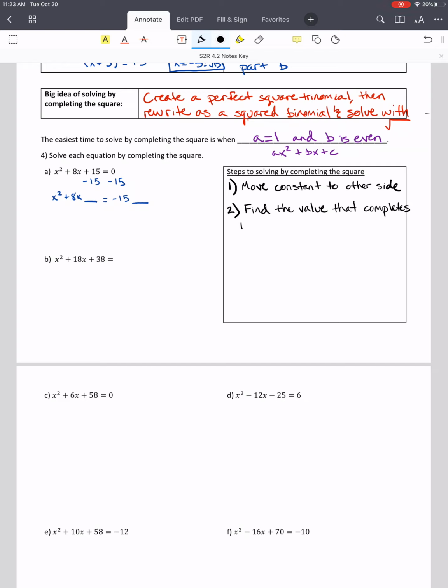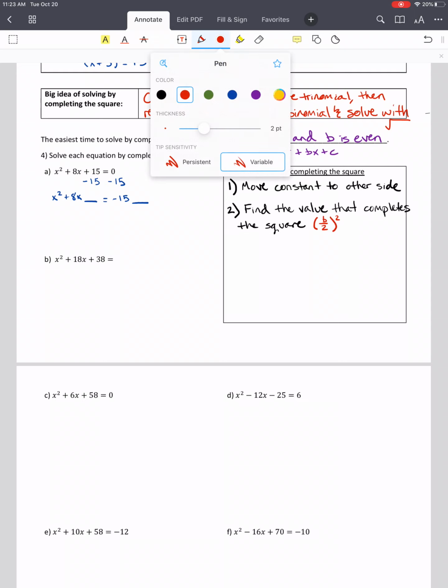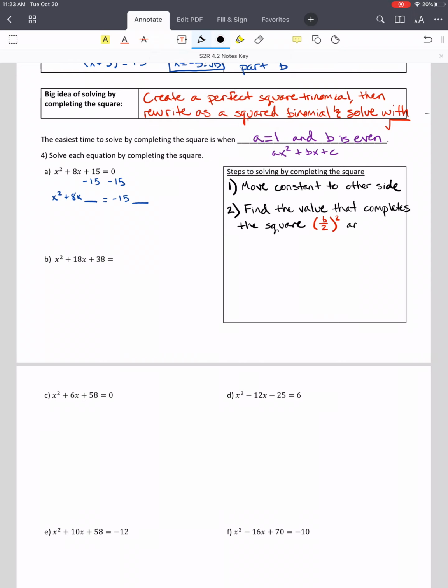And find the value that completes the square, which, as a reminder, is b over 2 squared. And we're going to add it to both sides.